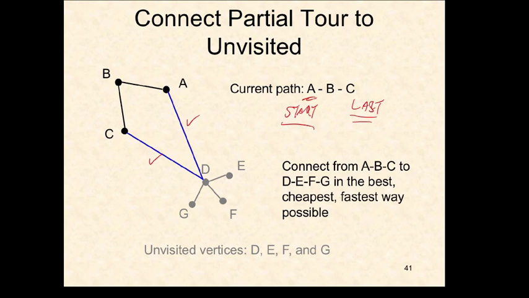Can you get more complicated? Sure. I could find the closest unvisited to A or C. Find the absolute smallest from A or C to any unvisited, and then take the shortest one that doesn't go to the same vertex. It's harder to code, it takes a little longer to find, it produces a little bit better estimate.